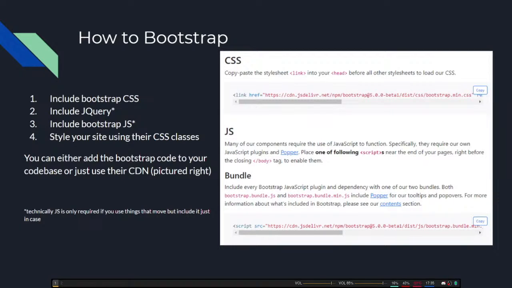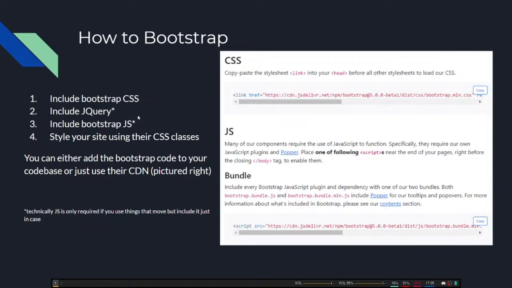If you use that, it's cached, so it might be a little bit faster than if you have it stored on your web server as just the code. But you can do that if you want to customize the code. You also have a customizer on their website, but anyway.